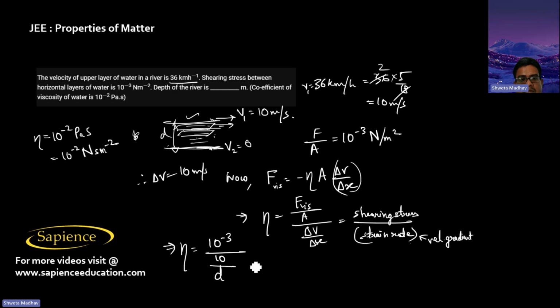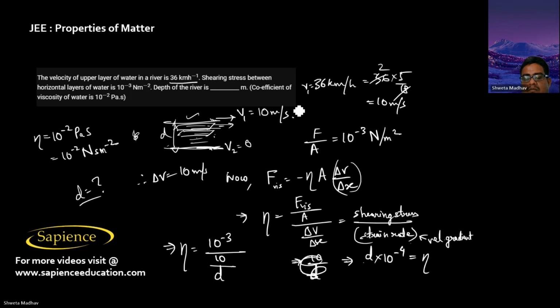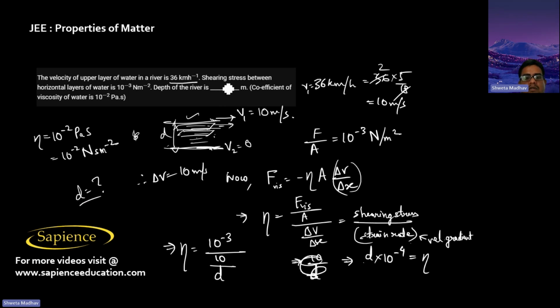So that is D. This D only we have to find out, which is the depth of the river. So D into 10 power minus 4 is equal to eta. Therefore D will be equal to eta into 10 power 4. Now eta is 10 power minus 2 into 10 power 4. So that is 100 in meters. So 100 meter is the depth of the river. So 100 is the answer.